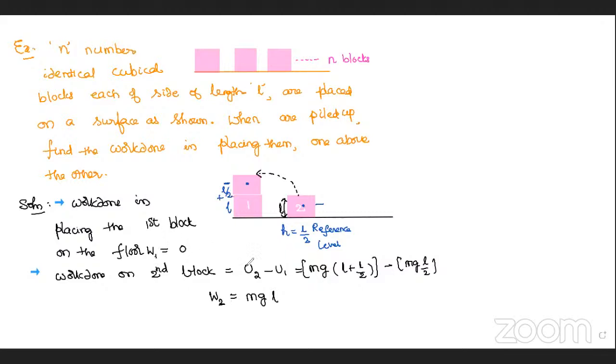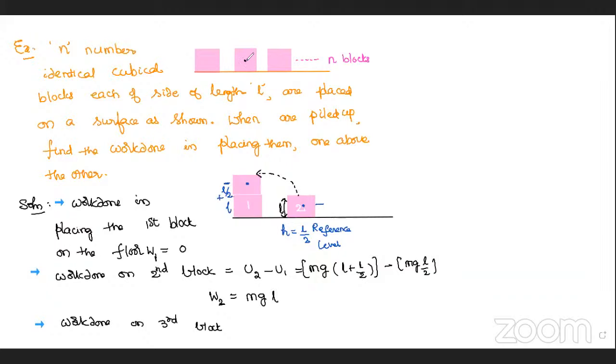Now, if I say the third block, you can catch one logical point here. I am going to write work done on the third block. Simple: the second block is placed here, so initially it has some potential energy based on the center of mass concept.